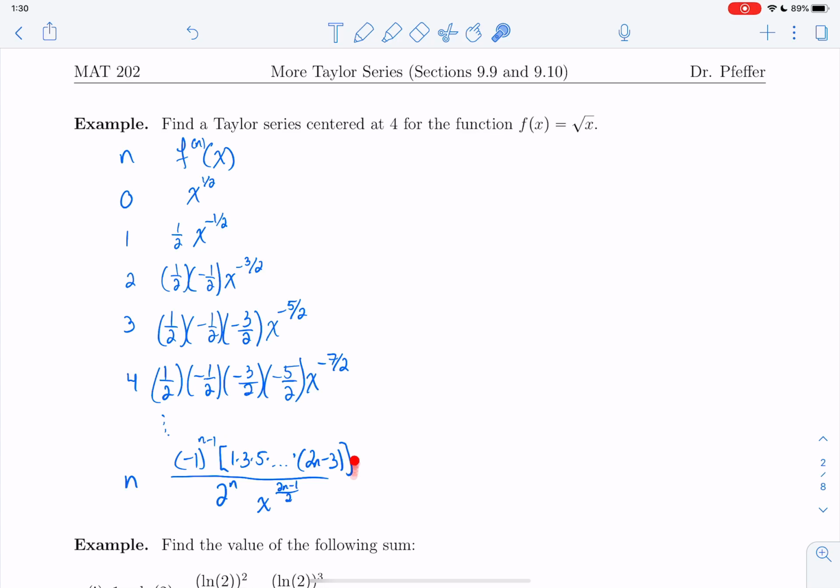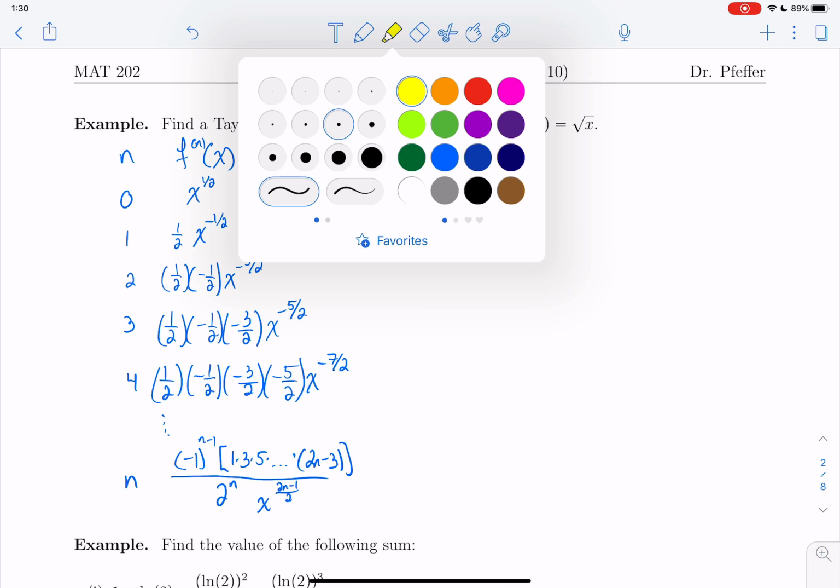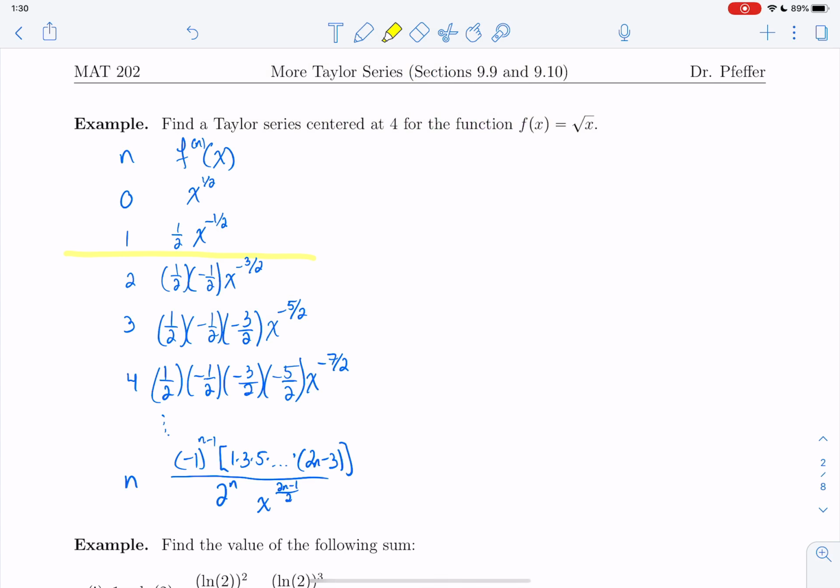This overall pattern that we recognize is actually only holding from 2 onward. So that's the key, is that from 2 onward, this pattern is holding. Which means n equals 0 and 1 have to be dealt with separately. So we'll note here that this holds when n is greater than or equal to 2.